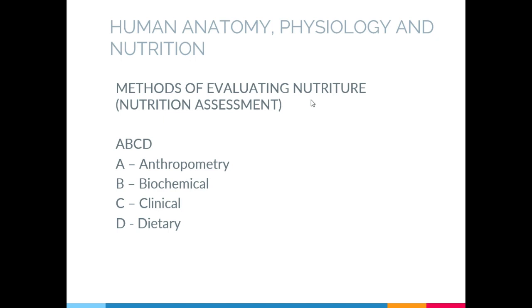Our height and weight are indicators of growth, and if we lack nutrients, then our growth is compromised. Therefore, if you are too short for your age, or underweight, or overweight, that means you have forms of malnutrition. That's what you call anthropometry.